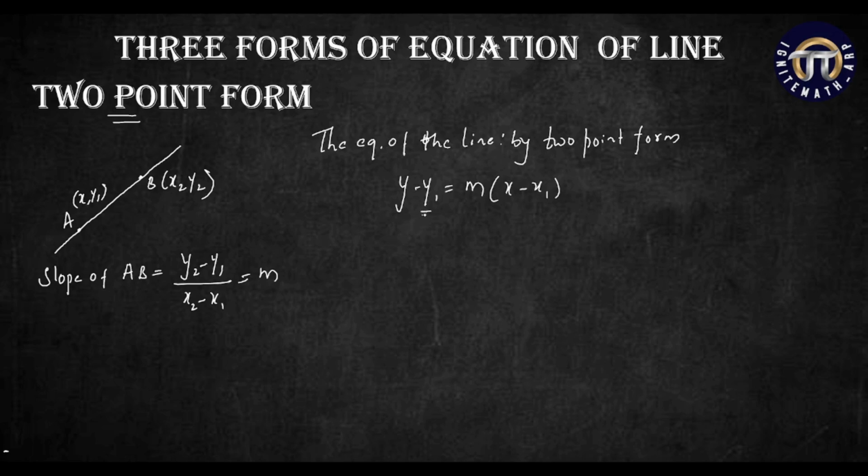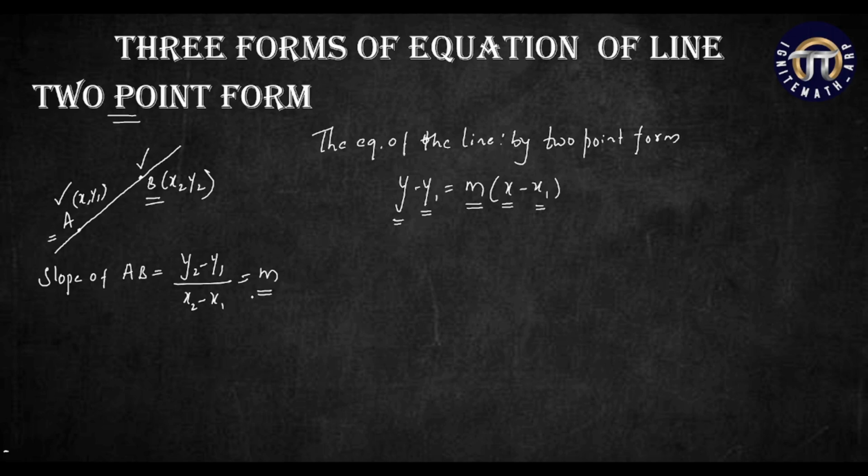So here y1 and x1 are the coordinates of either A or B. Any of the coordinates of A or B can be chosen, and you are not going to replace y and x with any other number because they are nothing but the variables present in the equation. And m is the slope of the line which you have found out using y2 minus y1 by x2 minus x1. So I think it's better to give an example to make you clear with the concept.